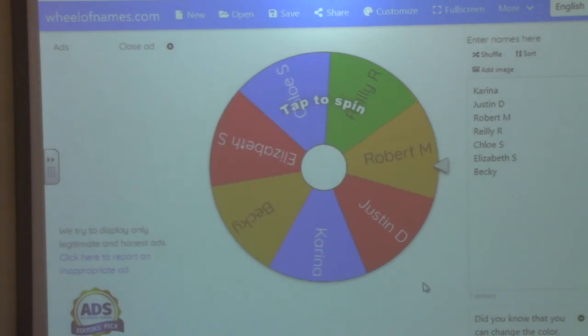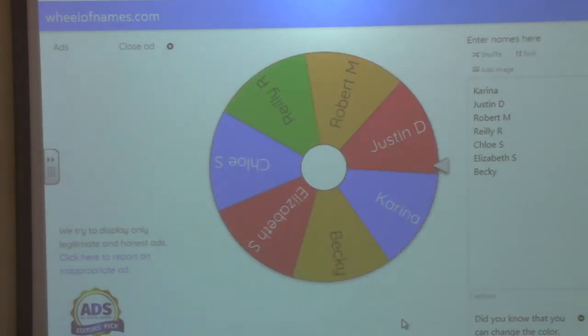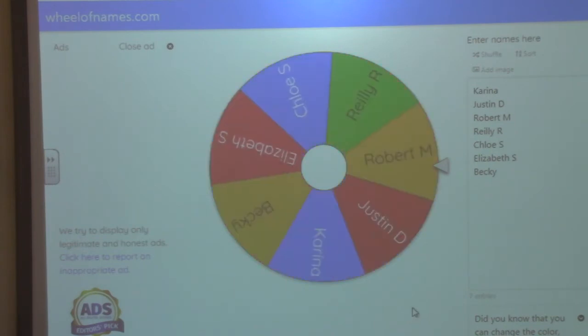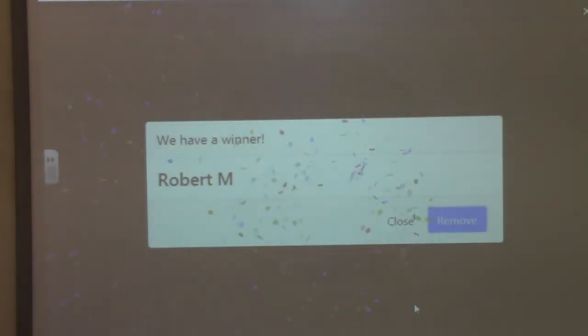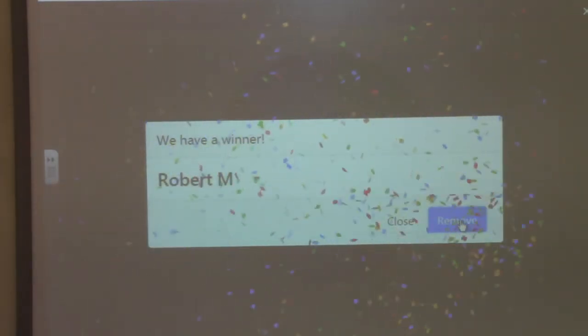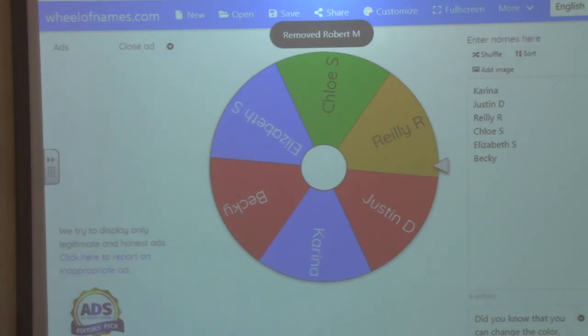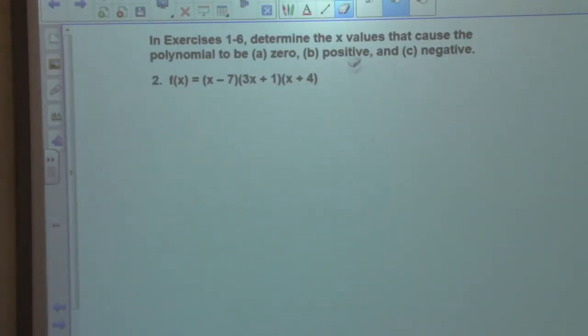Here we go, let's see what we got. What was that? It was Robert. Nobody saw that. I saw it. It's kind of glitched out on us, but Robert's still on. What's up, Robert?